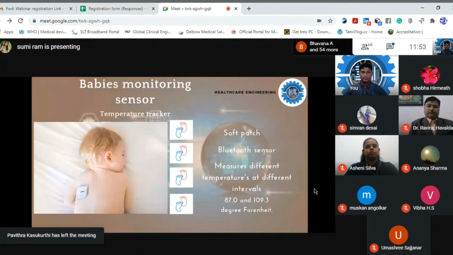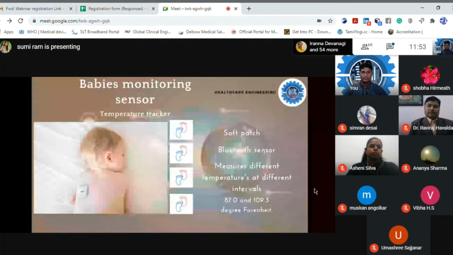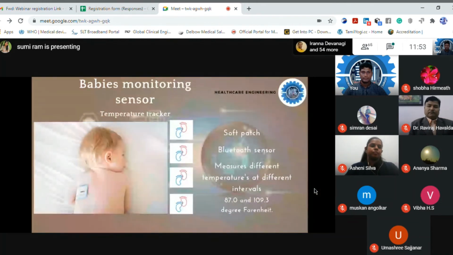The next device is the baby monitoring sensor. It is a kind of temperature tracking sensor. This sensor is in the form of a soft patch and the patch can be easily placed under the child's arm. This patch is a Bluetooth sensor which measures temperature at different intervals.